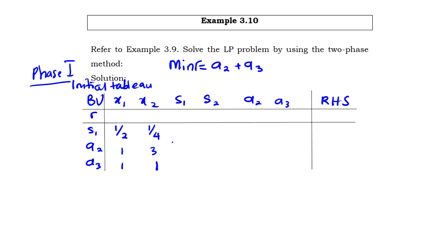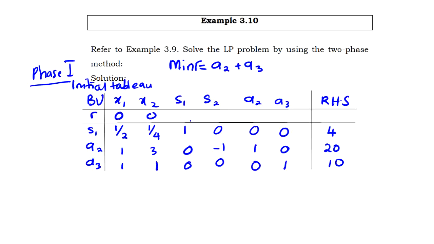So these three rows are the same as the Big M method: 1, 0, 0, 0, -1, 0. Then we have 0, 1, 0, 0, 0, 1. Right hand side 4, 20 and 10.